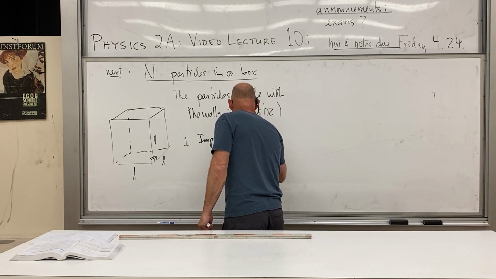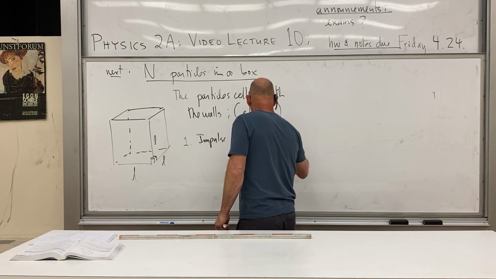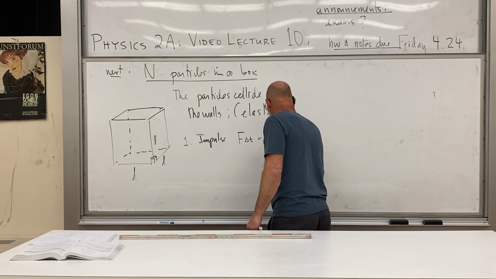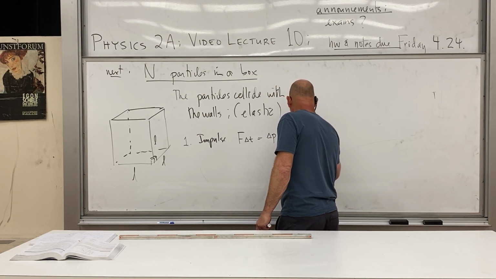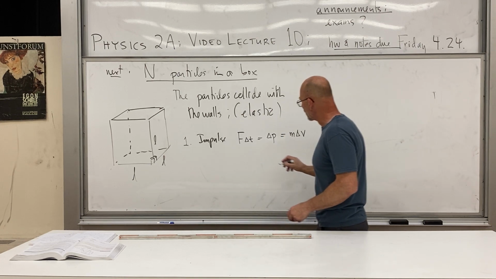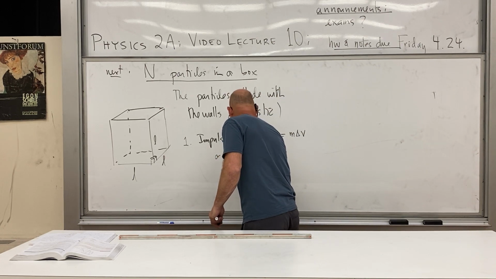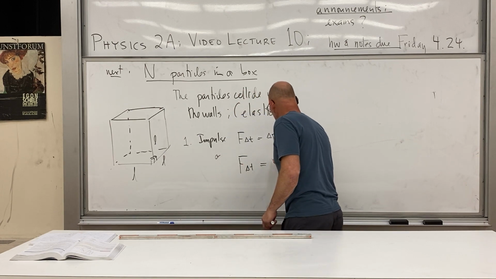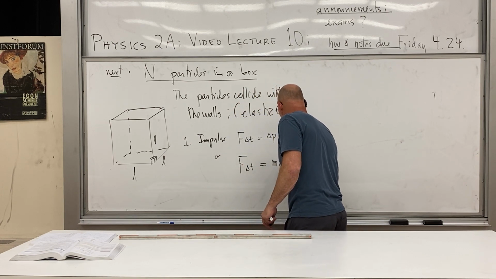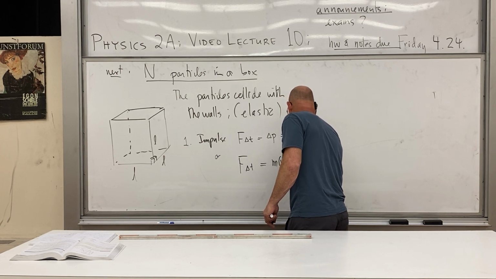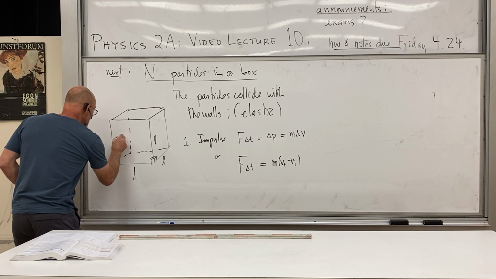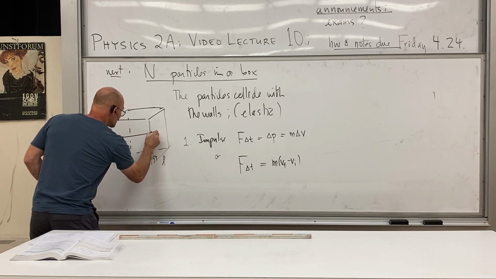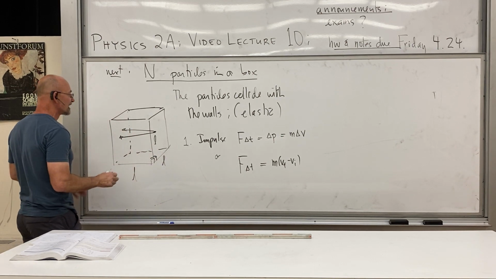So we have impulse, we have F times delta T is delta P is equal to M times delta V, or I can write F delta T is equal to M times (V final minus V initial). Now what we're going to think of is a particle that starts here, bounces over here, and bounces back again.